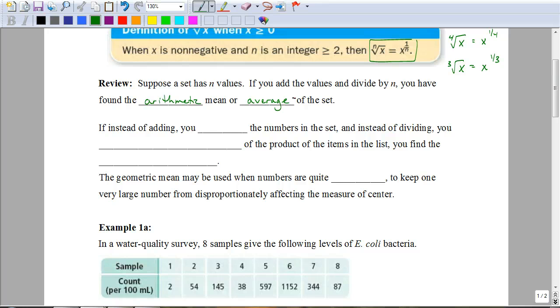If instead of adding, you multiply the numbers in the set, and then instead of dividing, you take the nth root of the product of the items in the list, you find what's called the geometric mean.